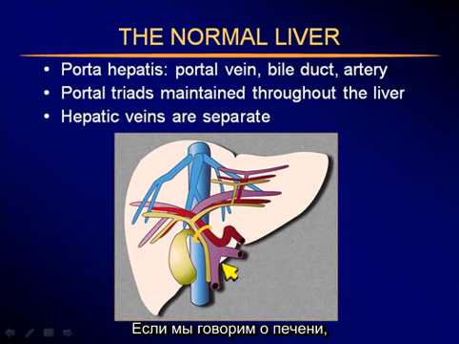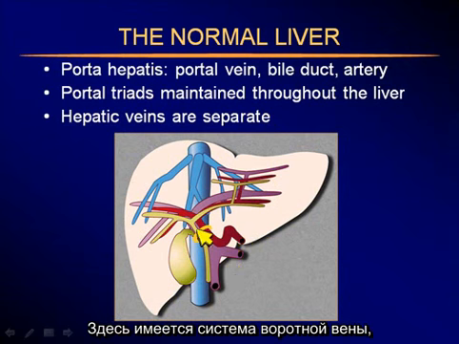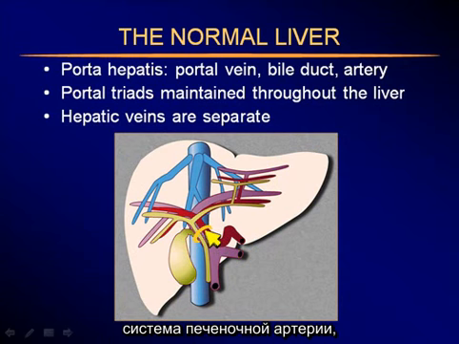If you think about the liver, you realize that there are 4 tubular systems that go throughout the liver. We have the portal venous system, the hepatic arterial system, and the bile ducts. These are intimately related at the porta hepatis.